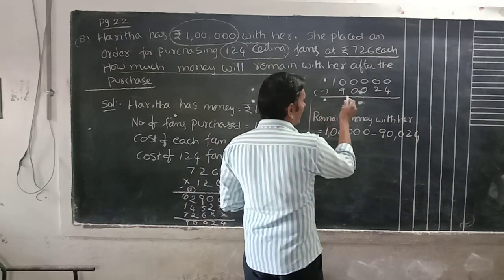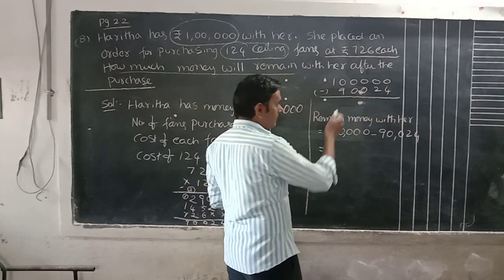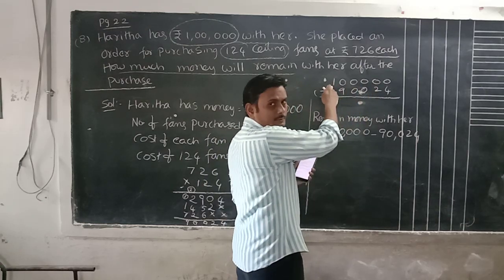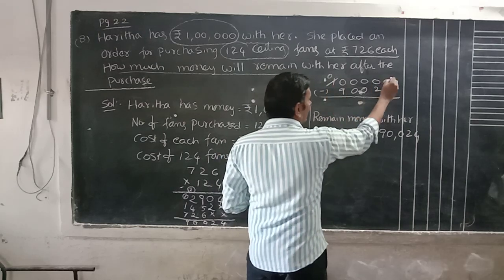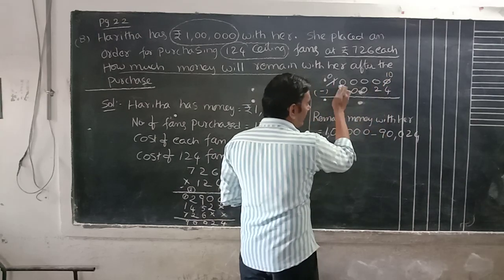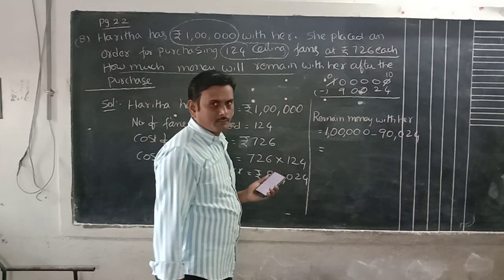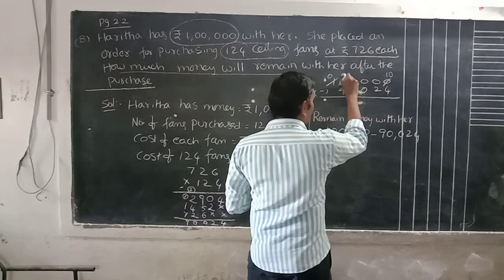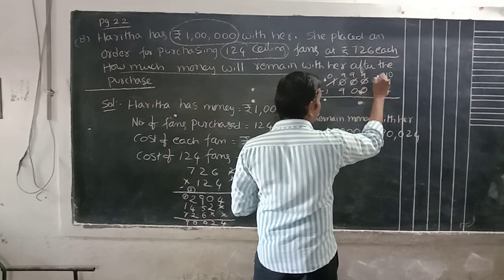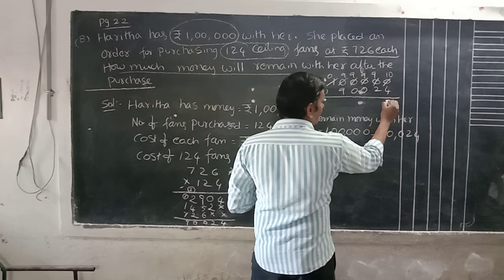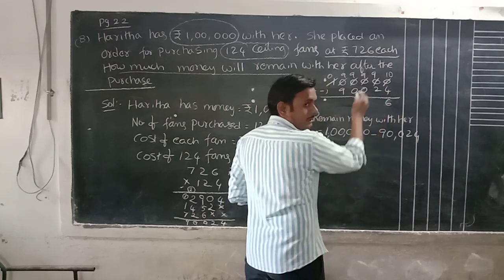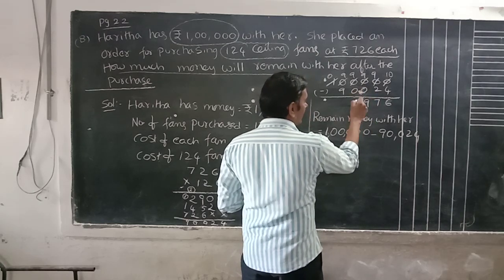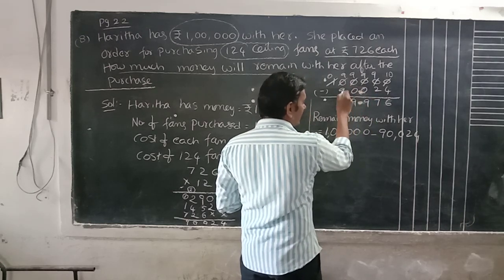Now subtract. 0 will not give borrow, so we have to take borrow from the leading digit, which becomes 0, and the next becomes 10. Between the zeros, each number will be 9 only. 10 minus 4, 6. 9 minus 2, 7. 9 minus 0, 9. 9 minus 0, 9. 9 minus 9, 0.